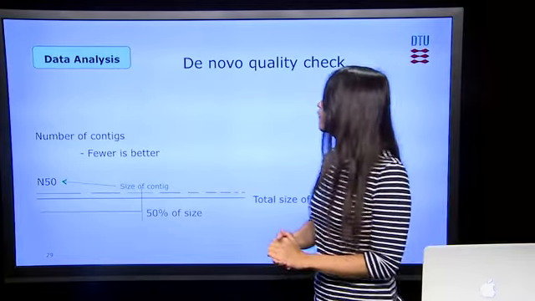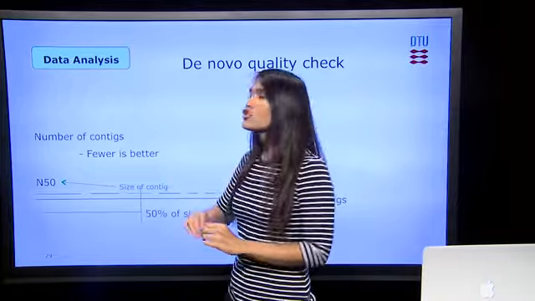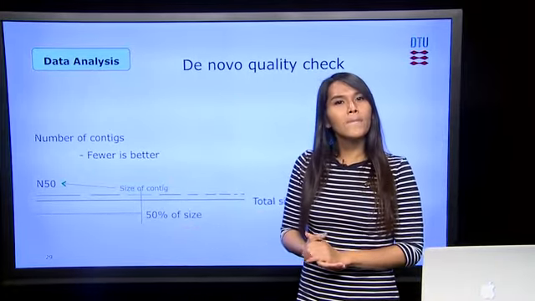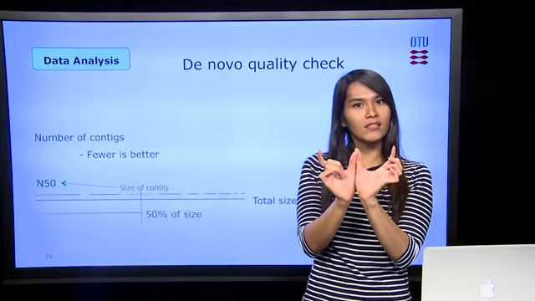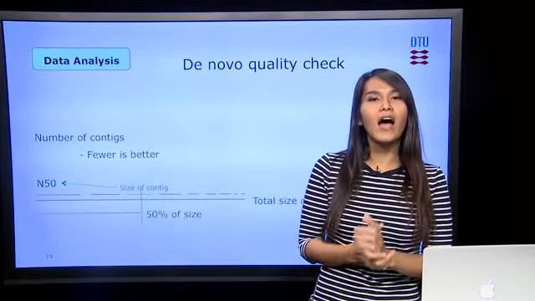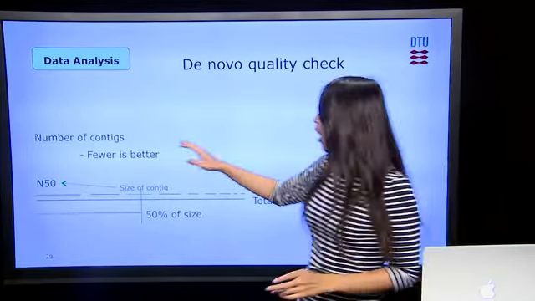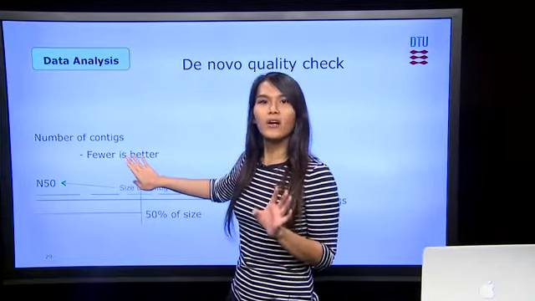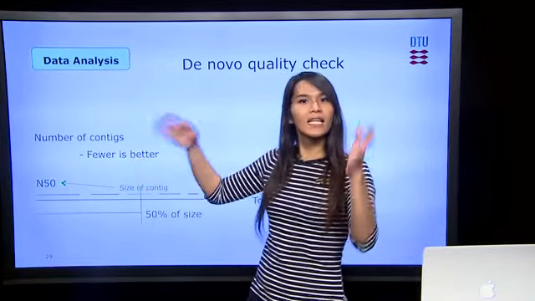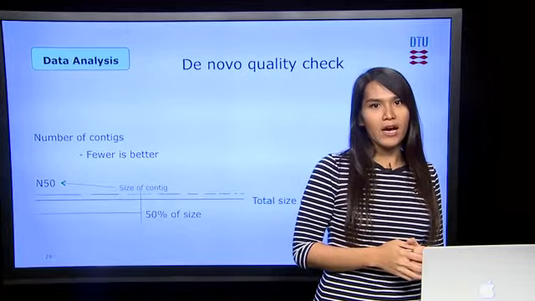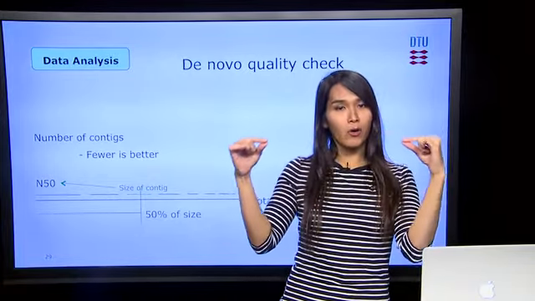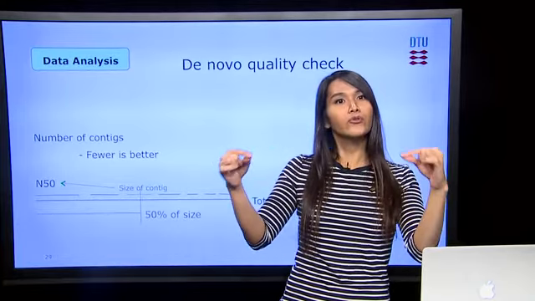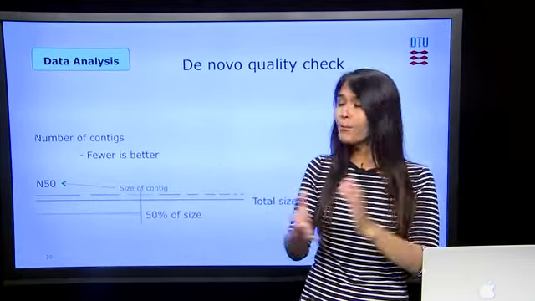If you have a large number of contigs, it means your contigs are likely to be short, and that's not good for you to find the genes. So you want a fewer number of contigs. The smaller number of contigs is better, meaning that you're likely to have longer contigs, and that's good for you to find the genes that you're looking for.